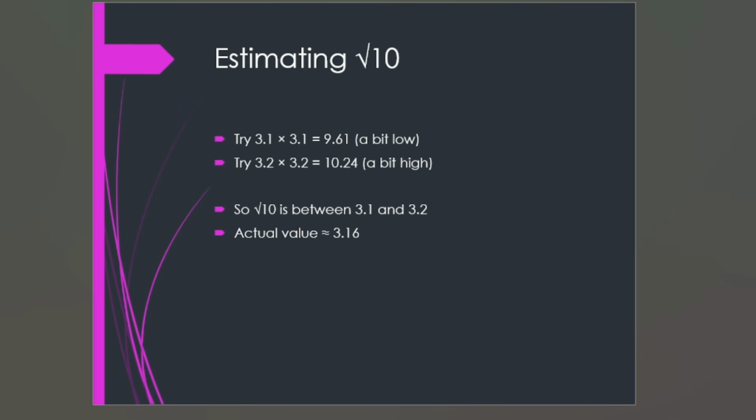So the answer must be between 3.1 and 3.2. The real answer is about 3.16. Notice what we did. We didn't panic, we didn't use our calculator, we just reasoned step by step. So we want to just slowly build a picture in the background.